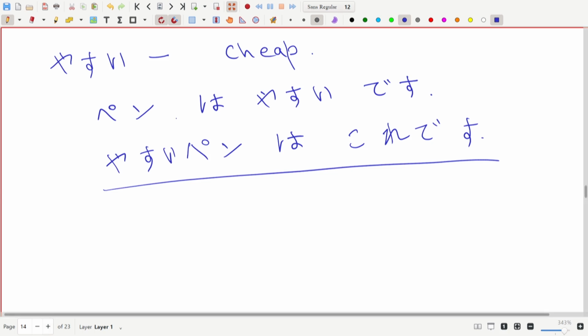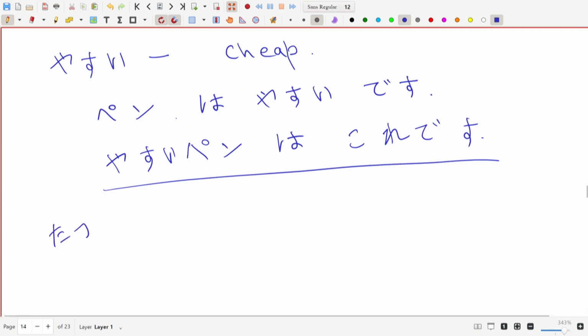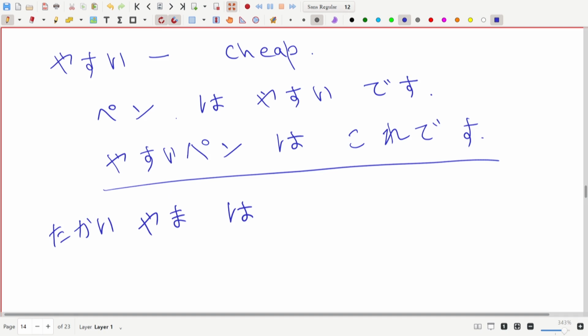If you want to say high mountain is Everest or Fuji. No, Mount Fuji in Japan is the highest mountain. So, we can say takai yama wa Fuji-san desu.